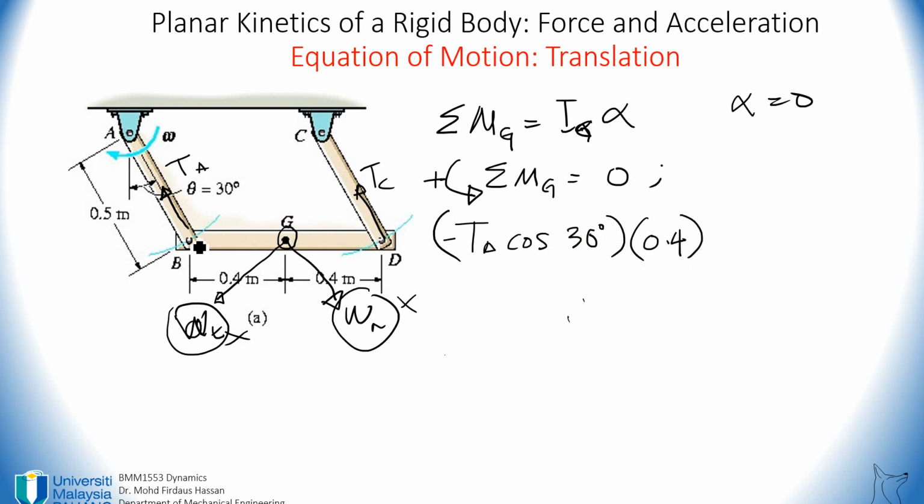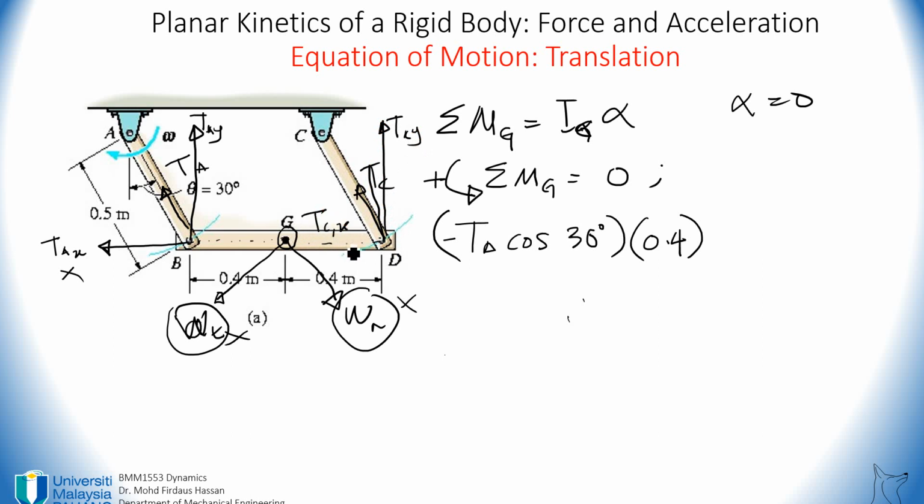TA cos 30 is TA in the Y direction, and then you have another component, TA in X. Since TA in X crosses G, this one is not counted. Similarly for C, you will have TCY and TCX.